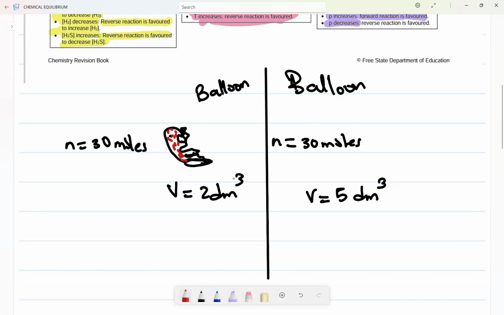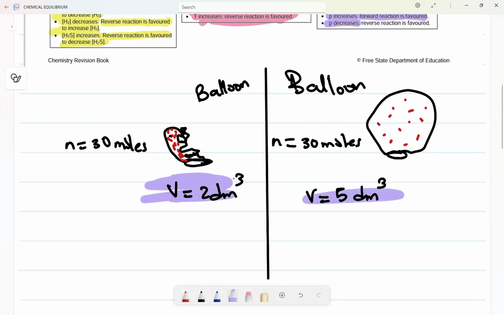Now, what will happen if I inflate my balloon? I will have my balloon inflated. The same number of moles of particles will be there, but they will be at a greater distance from one another.